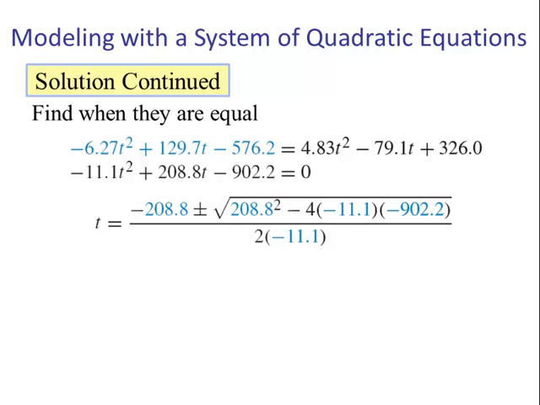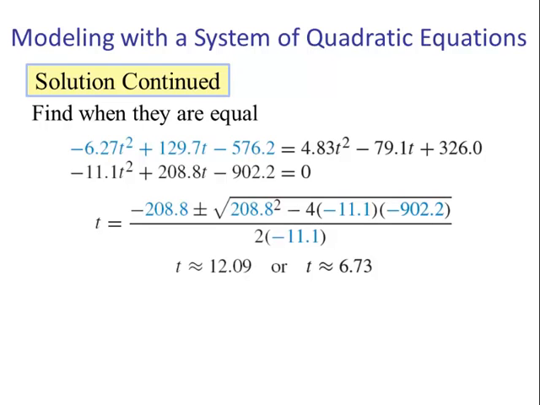Substituting these values in our quadratic formula, we have negative B plus or minus the square root of B squared minus 4 times A times C, all divided by 2 times A. We get t is approximately equal to 12.09, or t is approximately equal to 6.73.